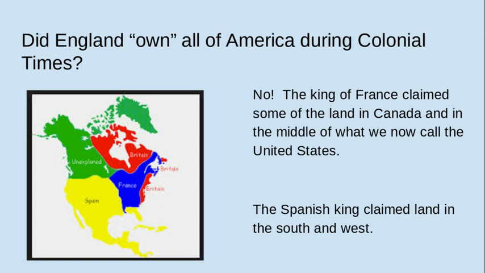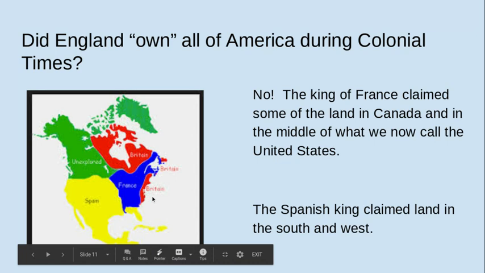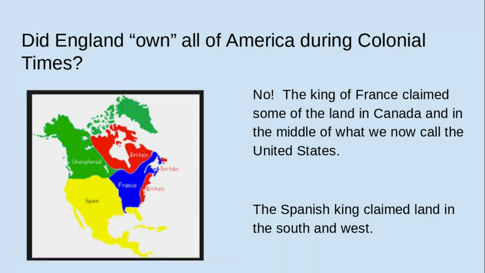There were Native Americans living there, but Europeans hadn't gone up there. So this was kind of confusing because we think of the United States as America, and at this time it wasn't America, and we think it's British, that we're all English, but in reality, these three countries sort of split up the United States in the 1600s.